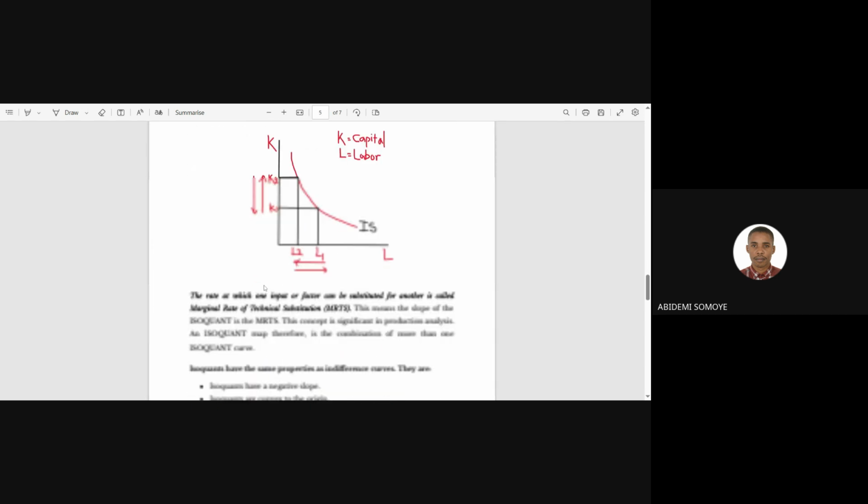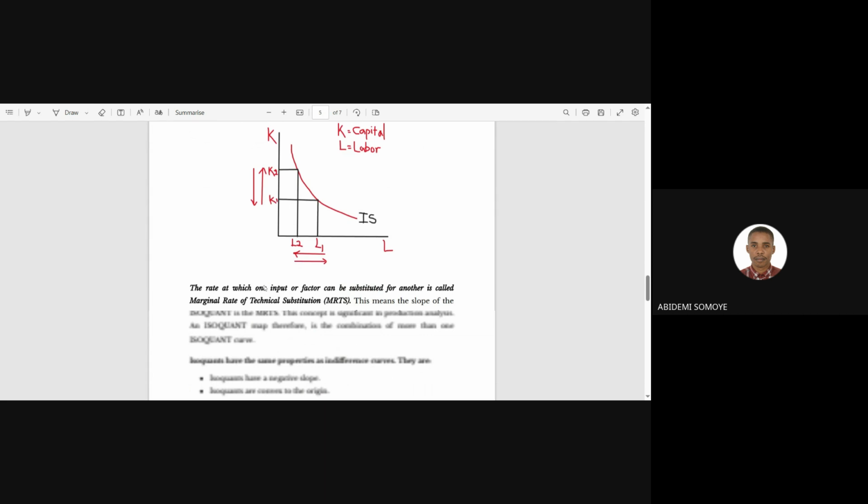Then the rate at which one input or factor can be substituted for another is called the marginal rate of technical substitution. Who can remember that for the indifference curve? The rate at which you substitute one good for another, what did we call it?